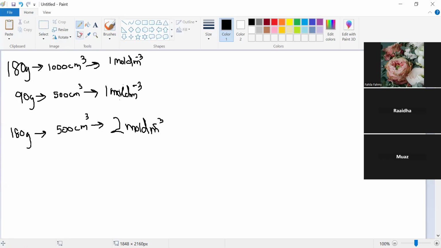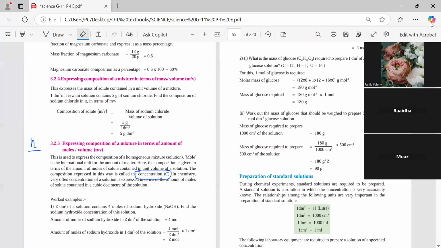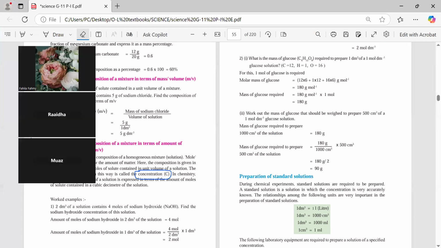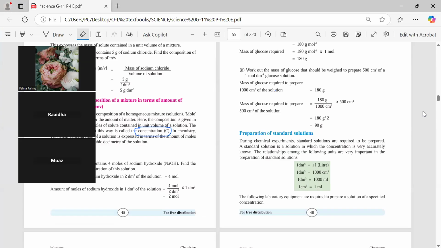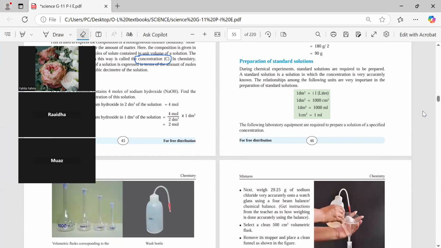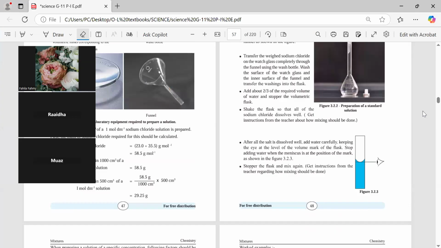Inshallah, when we are doing sums, Puta, this is just the very first time you're learning about this, so no need to worry. When we do multiple sums in this regard, inshallah, you will definitely get the hang of it.